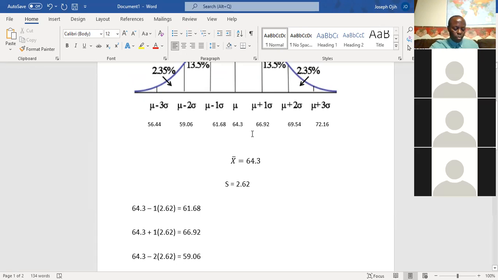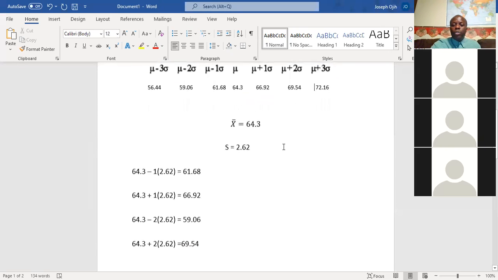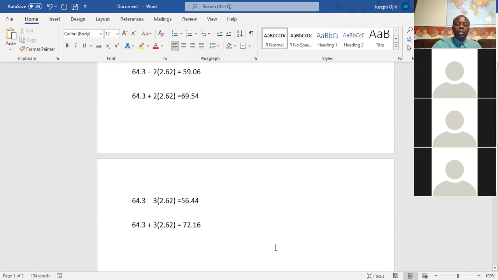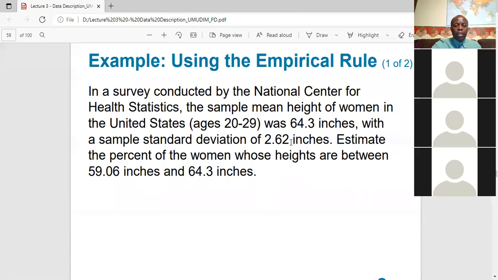Now we got all the numbers. Now let us answer the question. The question says, estimate the percentage of women whose height are between 59.06 inches and 64.3 inches.